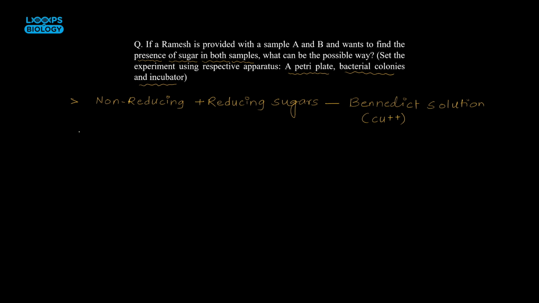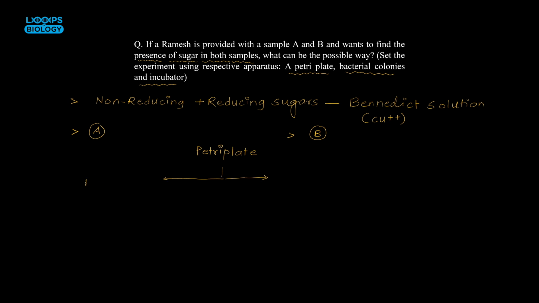So suppose sample A, we don't know whether it contains sugar or not, and there is a sample B. I basically take a Petri plate and differentiate it with two different colonies of bacteria.